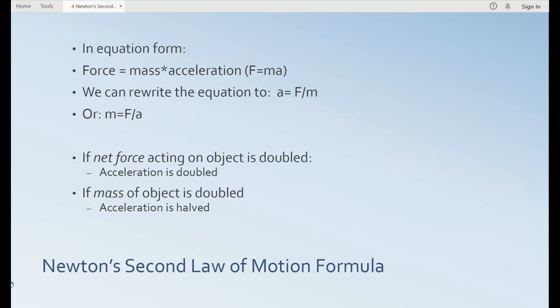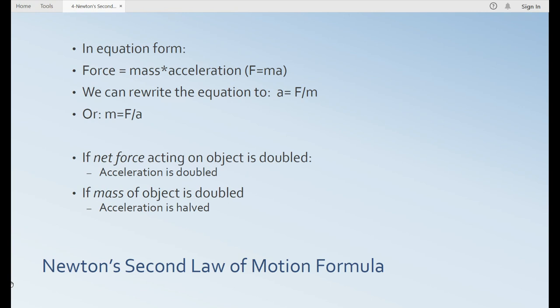We can write Newton's second law in equation form, which makes it a little easier to deal with. Force equals mass times acceleration, and we write that as F equals ma. If we're doing equations and we have different variables to punch in, we can rewrite it to make the math a little easier. Acceleration is going to be our force divided by our mass.